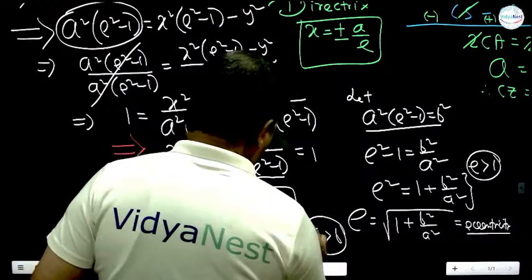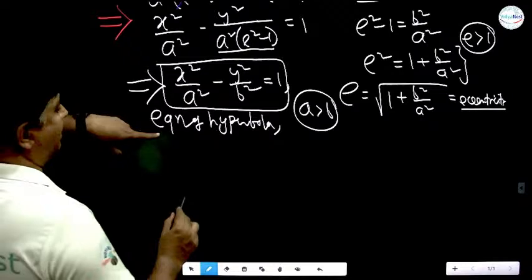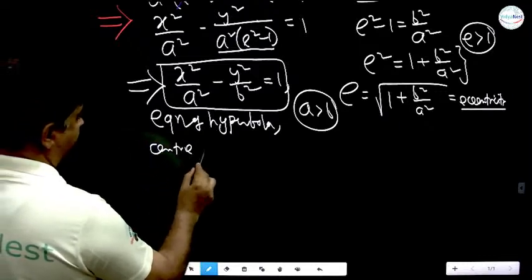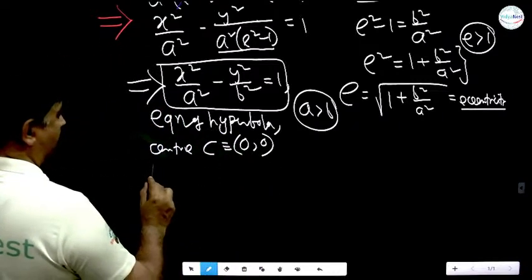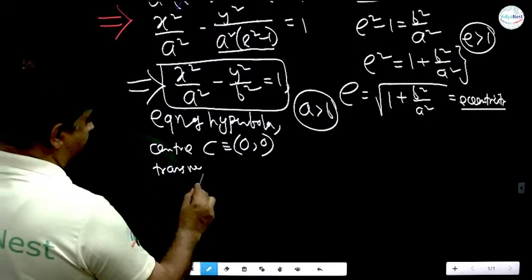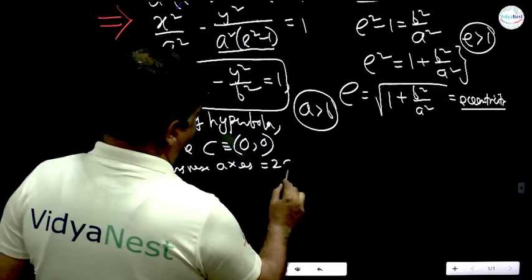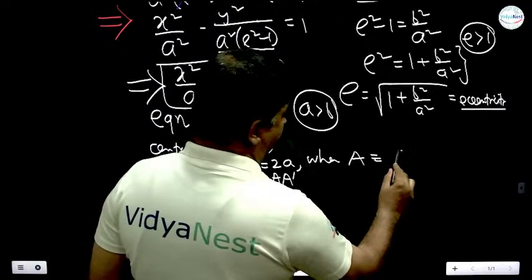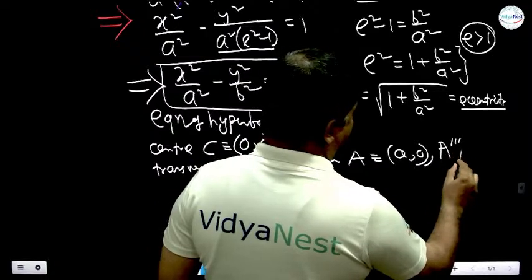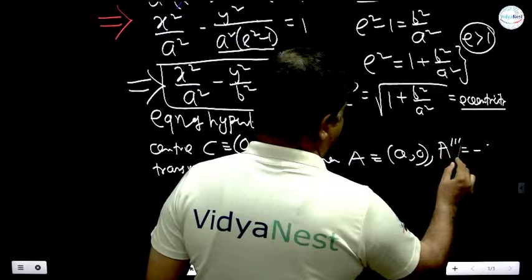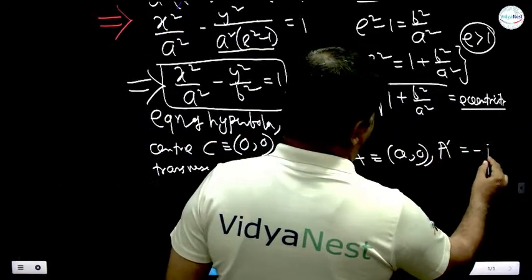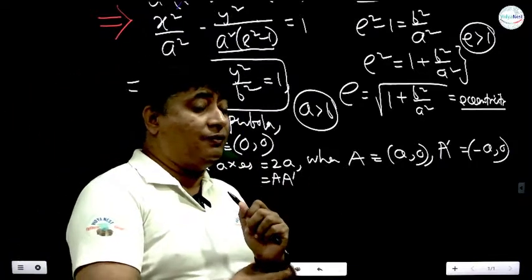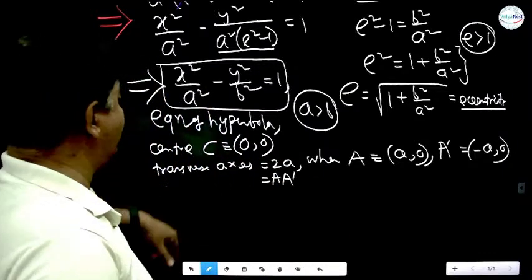So in short span, we can say this is the equation of the hyperbola, where center C 0 0, transverse axis 2a, where a dash, that is where a comma 0, a dash, a dash minus a comma 0, and you know major and minor axis in ellipse to be written in hyperbola, transverse and conjugate axis.